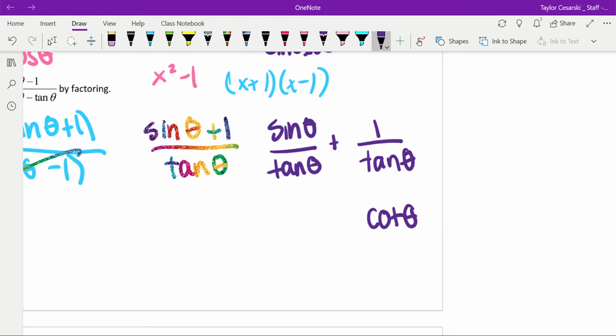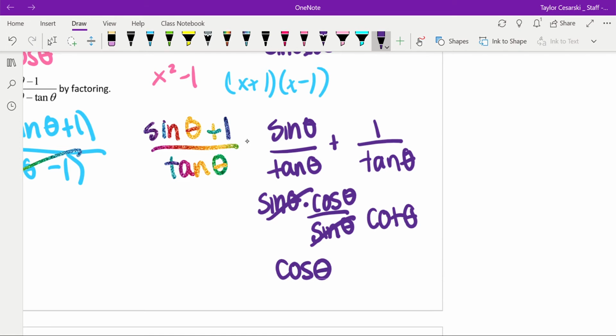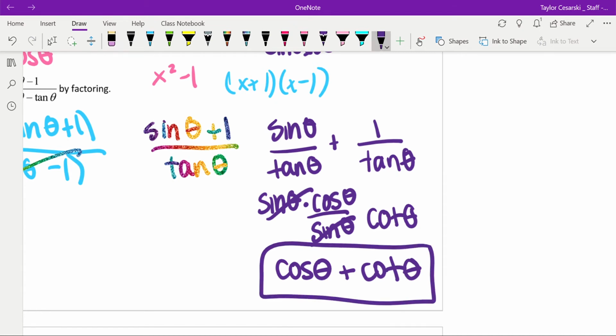And then sine over tangent: that would be sine of theta times, now tangent is sine over cosine, but I'm dividing by that, so that would be cosine over sine. I'm going to cross that out, and that gives me cosine of theta plus cotangent of theta. You always want to simplify as much as possible. So that would be your final answer there.